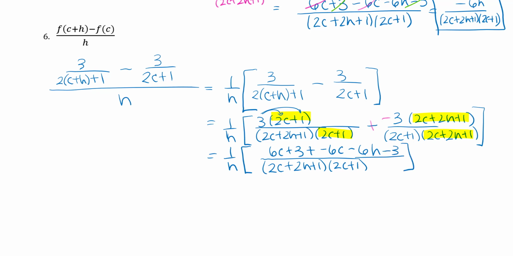I have some like terms on the numerator that I can add up to 0. So here I have 1 over h times negative 6h over 2c plus 2h plus 1 times 2c plus 1.